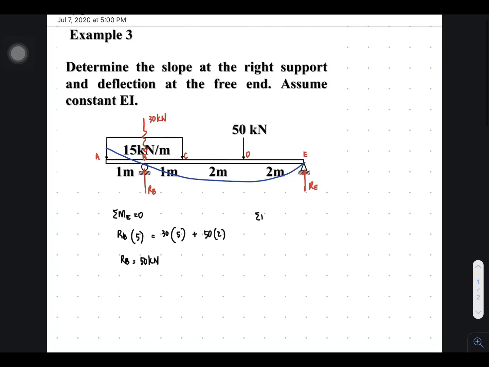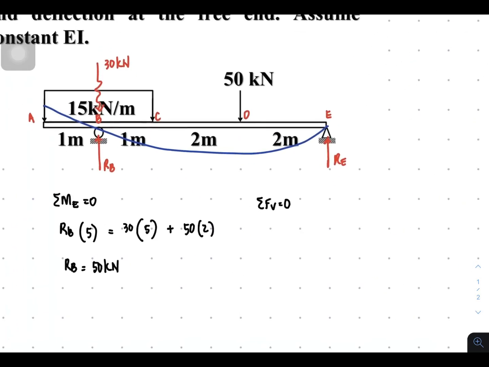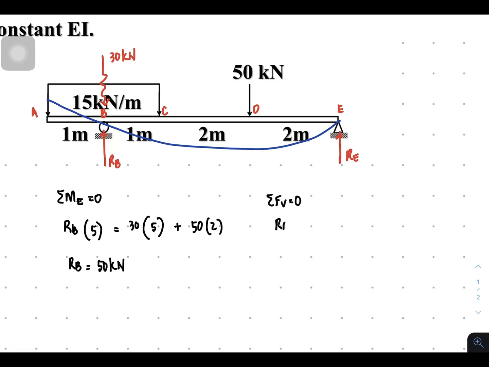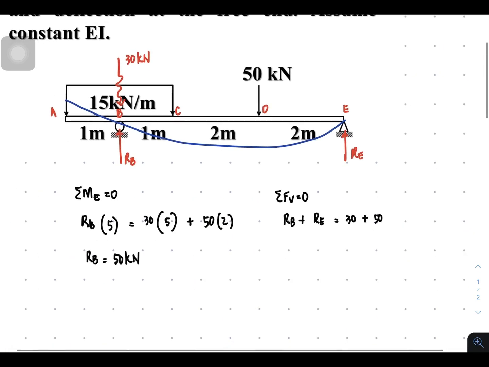Next is summation of forces vertical equal to 0. You will have RB plus RE equal to 30 and 50. Then you will have RE equal to 80 minus RB, which is 50.